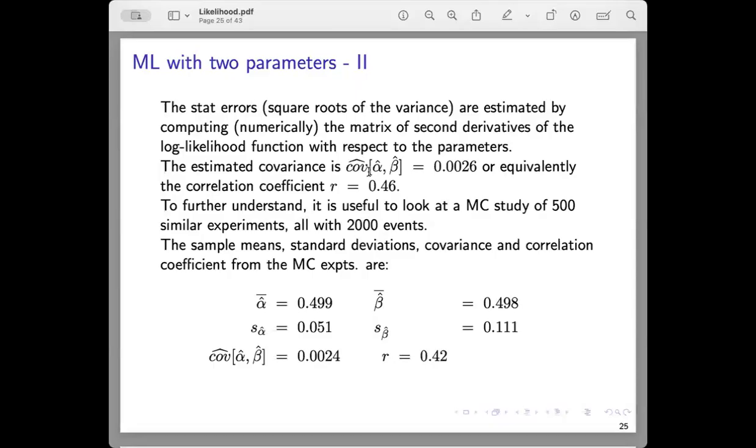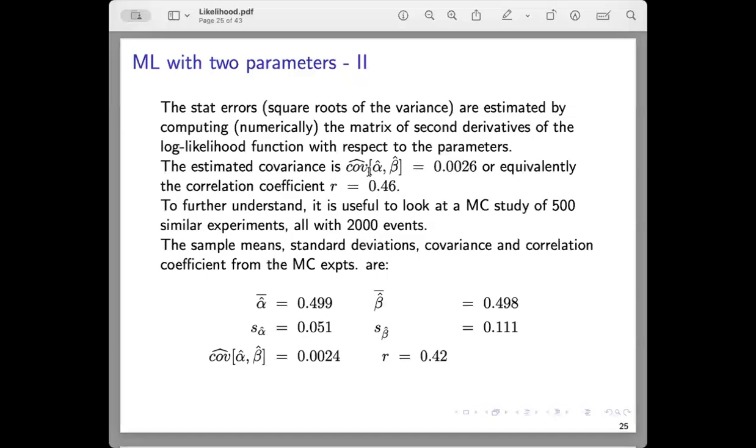For each experiment you generate the same number of events, say 2000 events, and in this case 500 such experiments were generated, each having 2000 events. Then for each data set you perform the maximum likelihood fit and you obtain the parameter values.